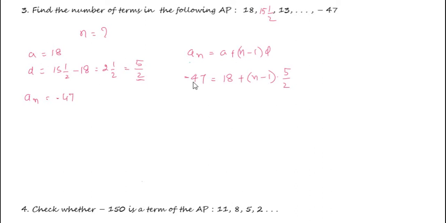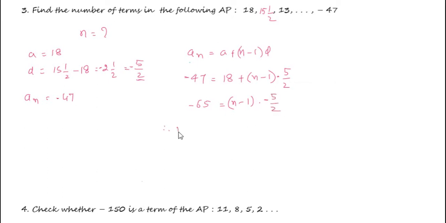Minus 47 and minus 18, I will bring 18 to the left. That becomes minus 47 minus 18, minus 65, equal to n minus 1. Sorry, this is minus, I made a mistake. d is minus 5 by 2. So this is minus 5 by 2 into minus 5 by 2.